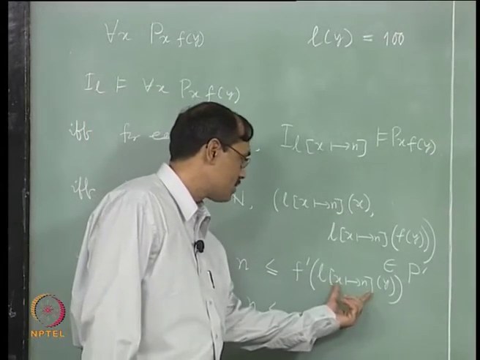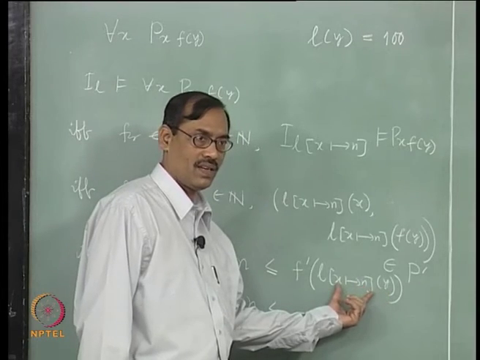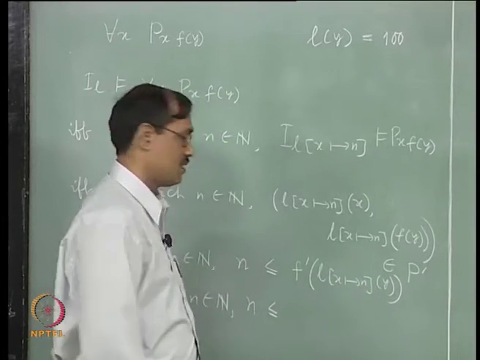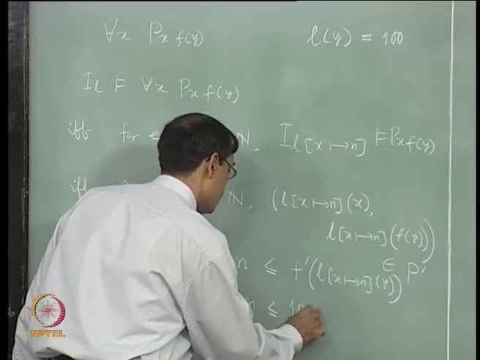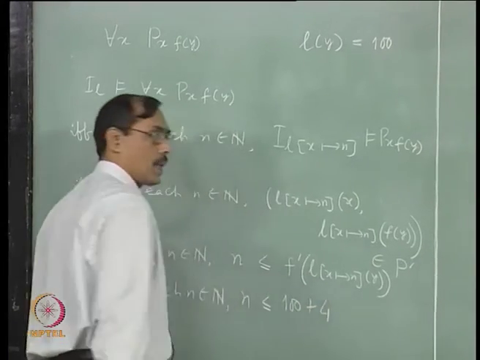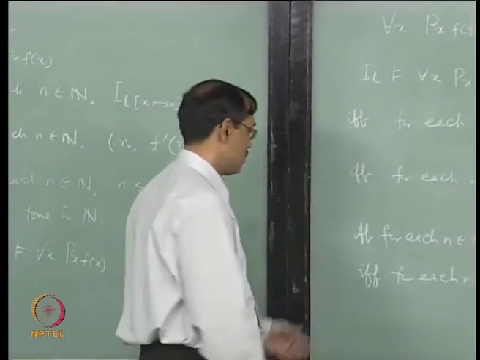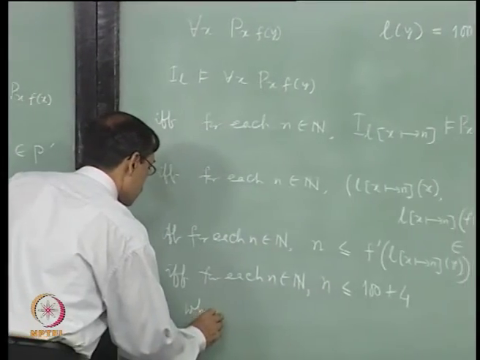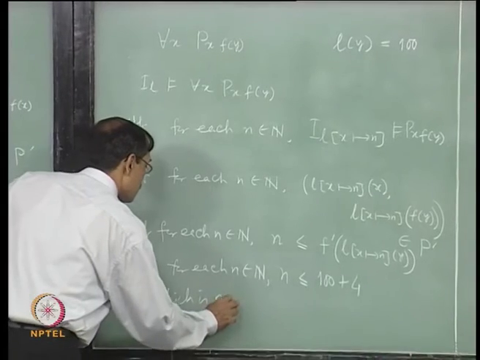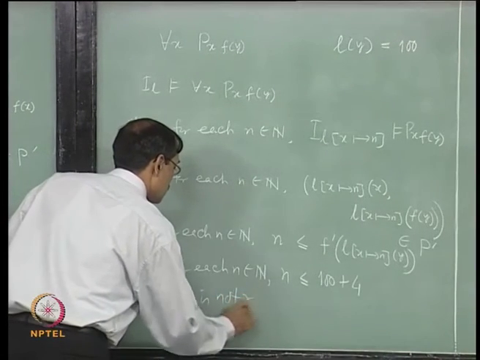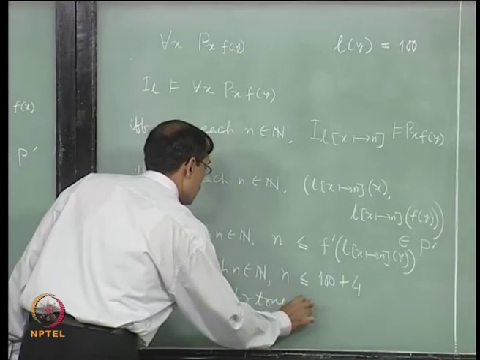Now, this L x fixed to n of y is L of y, which is equal to 100, that is why this is 100 plus 4. Okay. So, this does not hold. Not true in N.